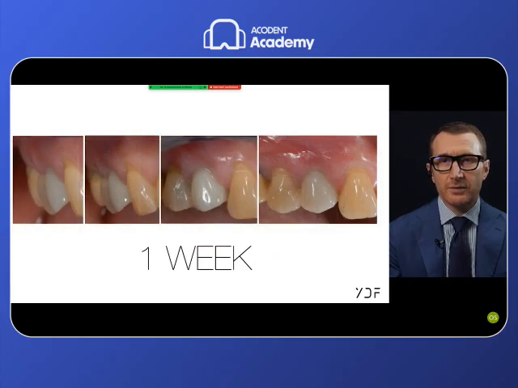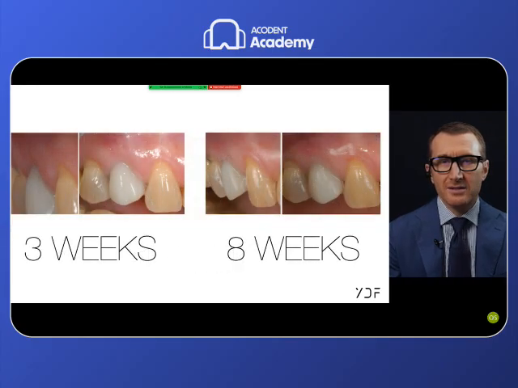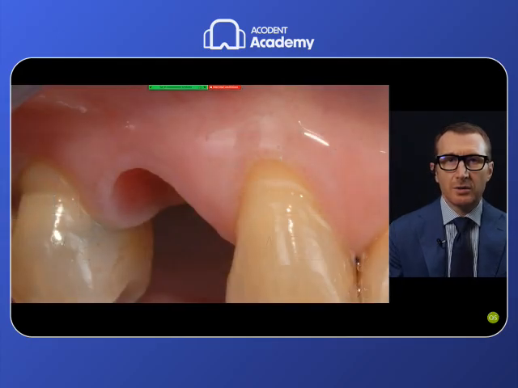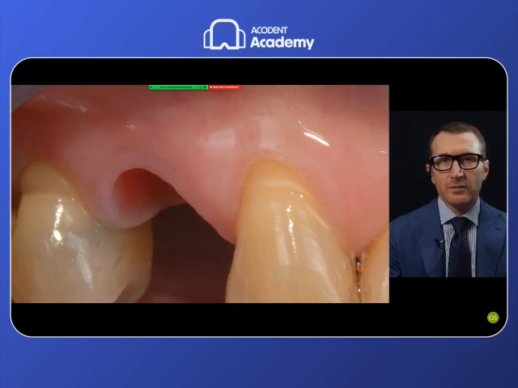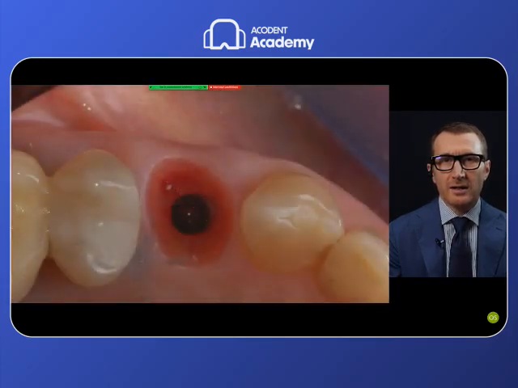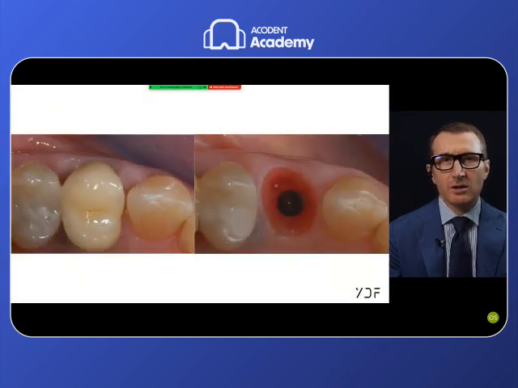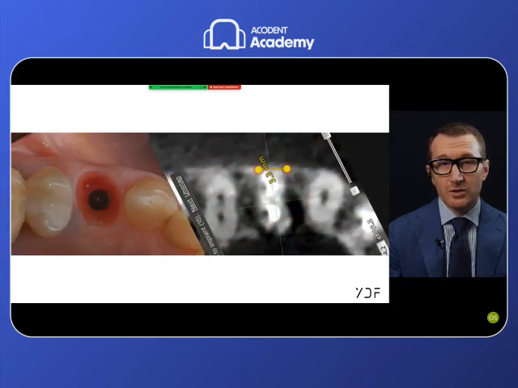This is the situation after 1 week, after 3 weeks, and 8 weeks, where we have a perfect adaptation of the tissue, and this is after 4 months with a fantastic shape of the contour of this alveolar crest, and we have really a stable outside contour compared to the starting point, with a minimal amount of change in shape, which clinically cannot be seen because it's really minimal.